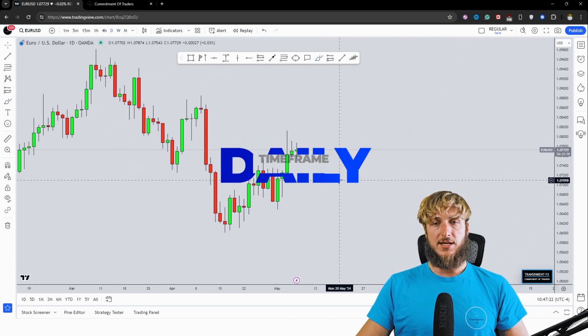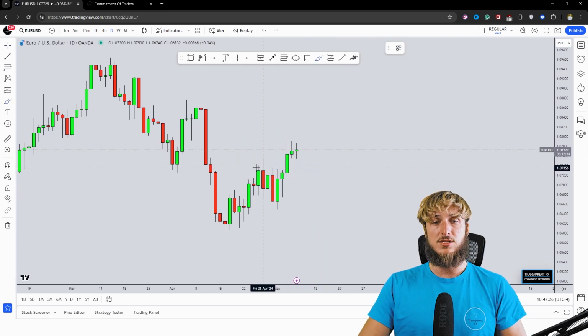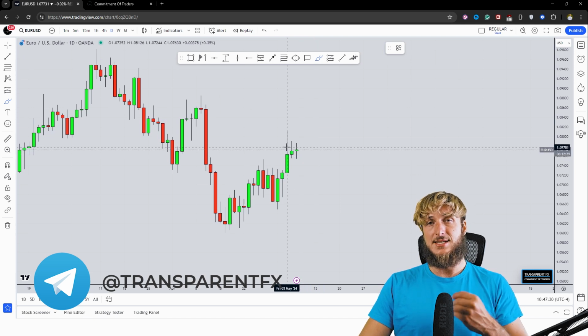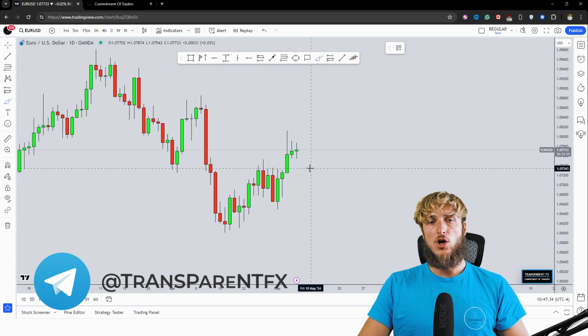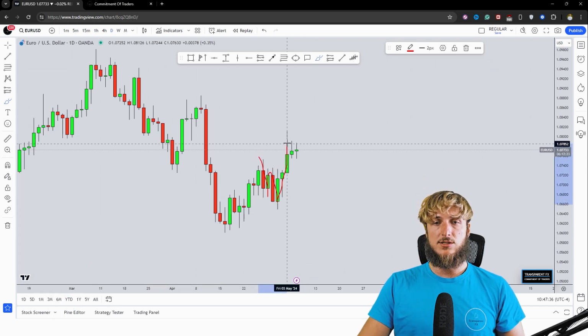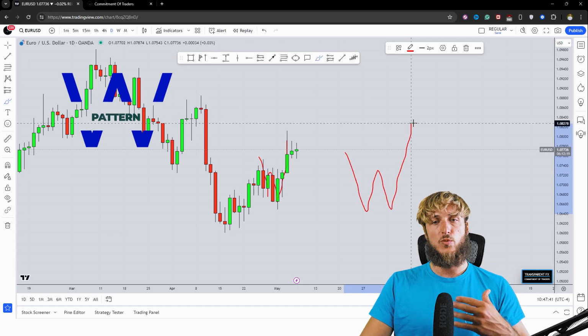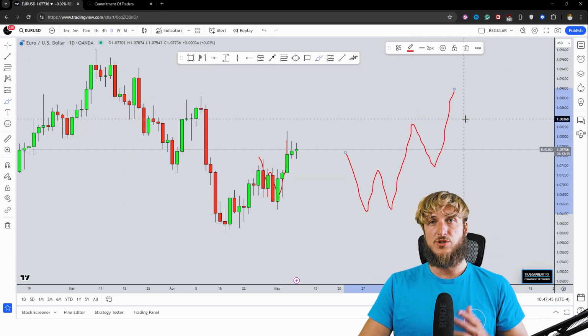Now, from a daily perspective, we can see how clearly everything comes into play because we have a pattern which, in its usual completion, is exactly what we would like to see by looking at the monthly and weekly time frames. In fact, we can see how we have here this overextended W formation. Now, after the creation of a W formation, what you would expect is first a correction and then the continuation to the upside, which, if you remember, is exactly what we have just seen.